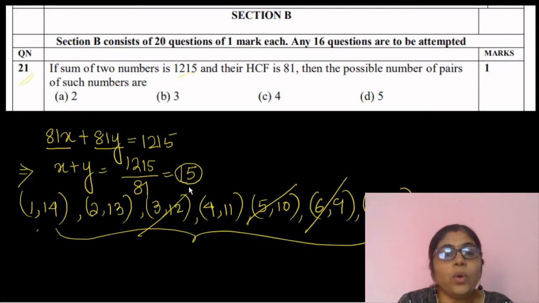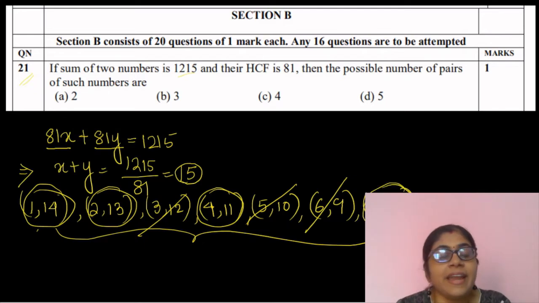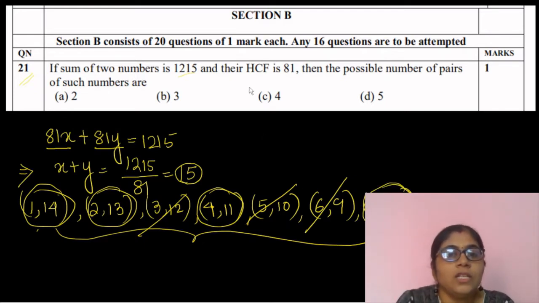So only co-prime pairs are possible. So 1 and 14 is an option, 2 and 13 is an option, 4 and 11 is an option, and 7 and 8 is an option. So 4 pairs, that means option C is the right answer.